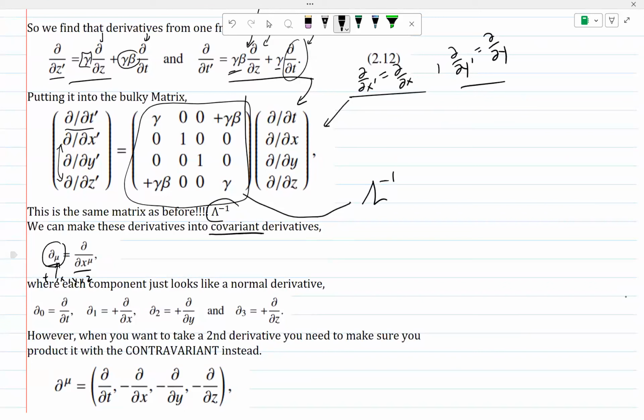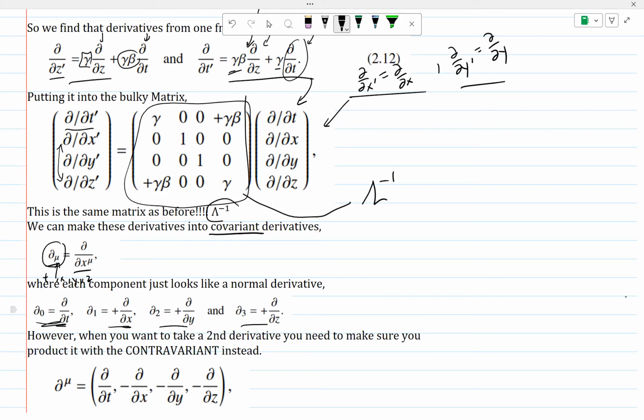So for the derivative case, the covariants are going to be the positive part. This is another thing to unfortunately have to remember, just because of the way the Lorentz invariant changes from one frame to another.